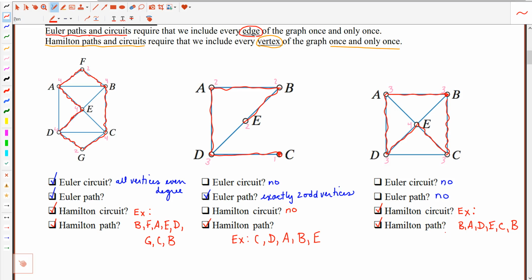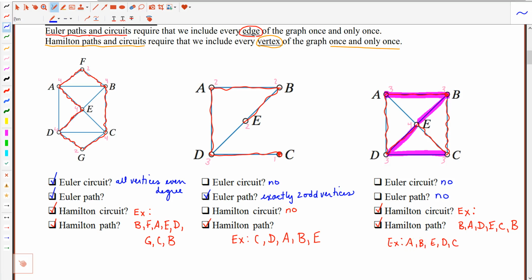As an example, how about A, B, E, D, C? In that one, I was able to grab every vertex of the graph once and only once. And this would not be classified as a circuit because you started and ended at different vertices.